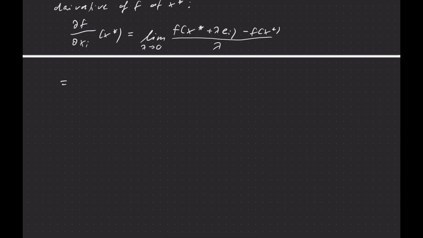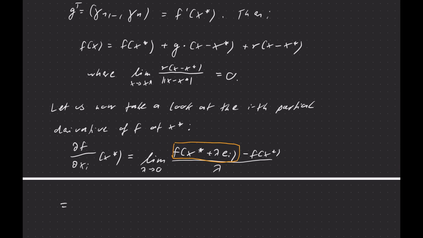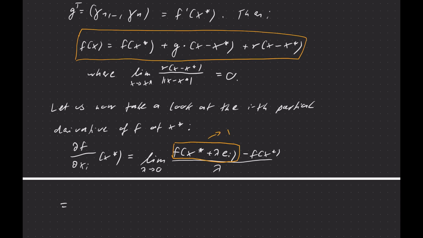And of course, what we can do is take this expression f of x star plus lambda ei, and substitute the formula for the total differential here. So let's say we're setting x to be x star plus lambda ei, and then we're using the formula for the total differential.